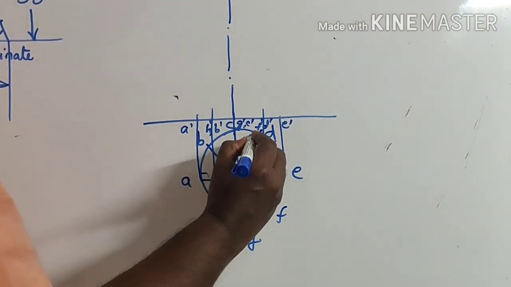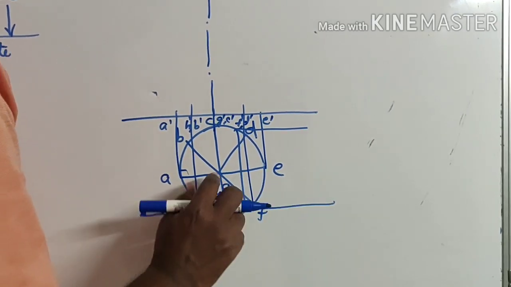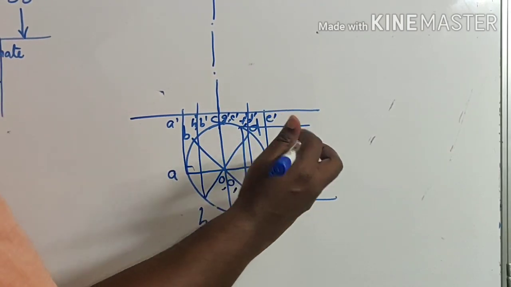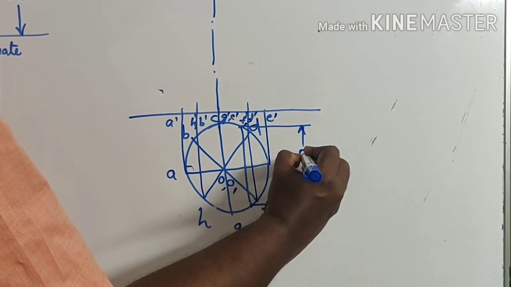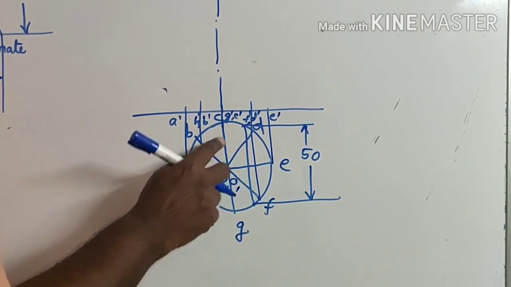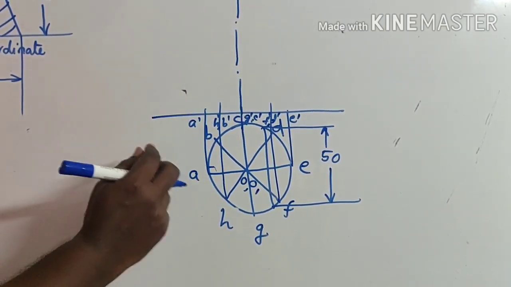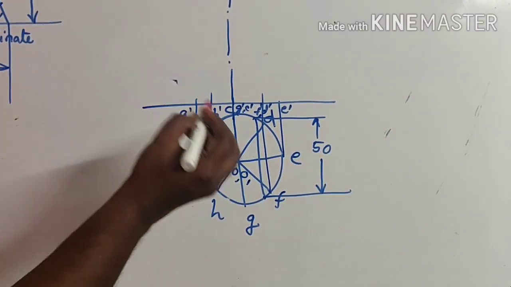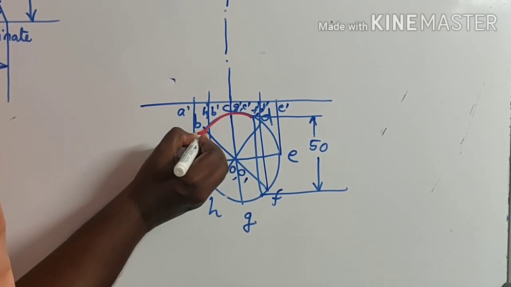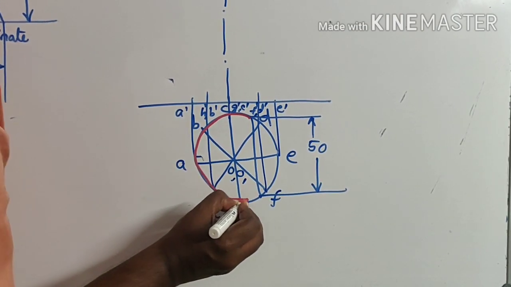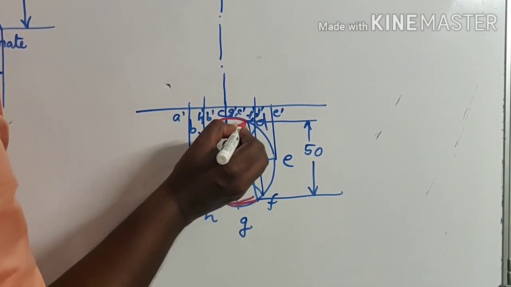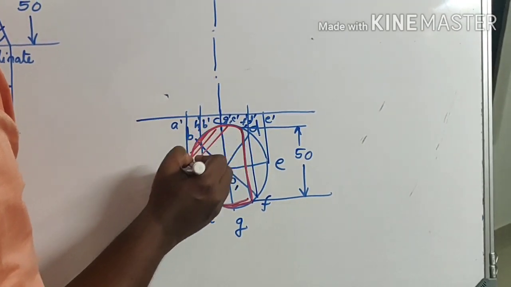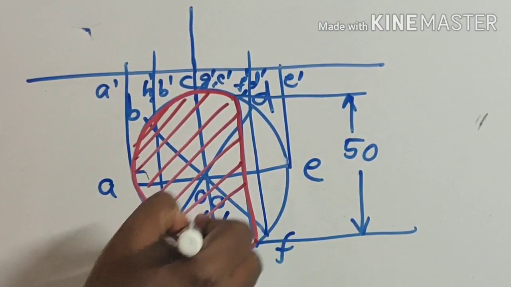So, you can measure 50 mm perpendicular to this line, and you will get the double ordinate here. The remaining part can be considered to be the section obtained in the top view.